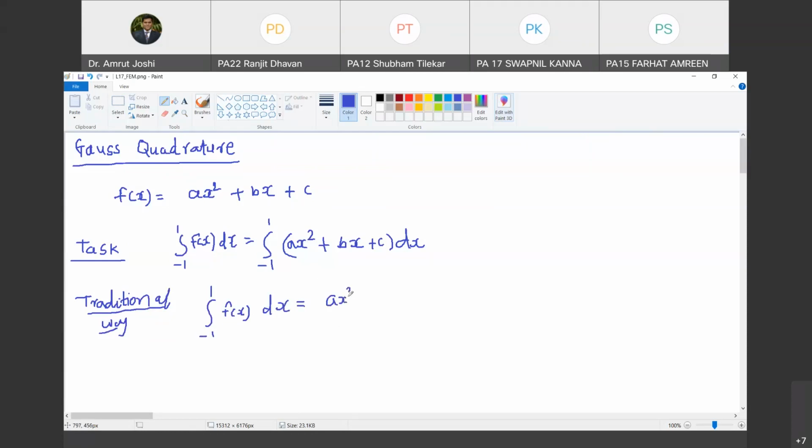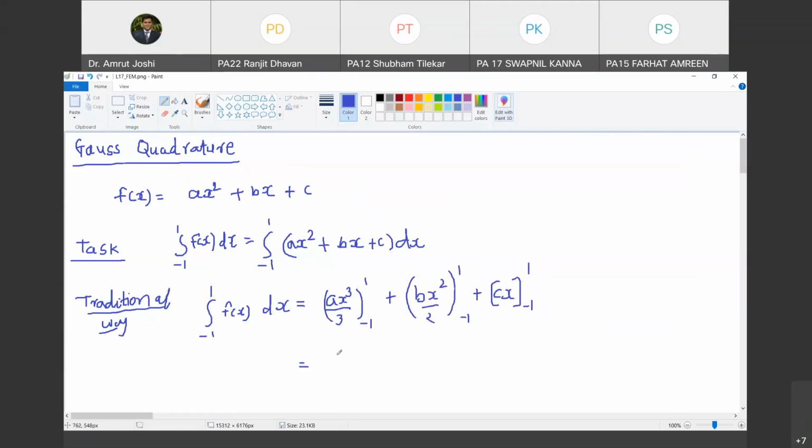Do you agree? Yes, sir. And we put the limits from -1 to 1, plus the integration of the second term, which is bx square by 2, with limits from -1 to 1, and the integration of the third term is cx, with limits -1 to 1. Happy? Yes, sir.